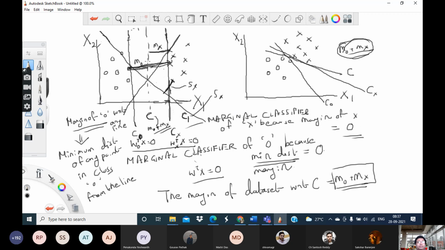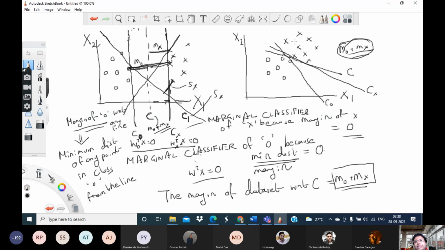There may exist some other line which has an even larger margin than that. So I will say that this data set has a larger margin than this data set.